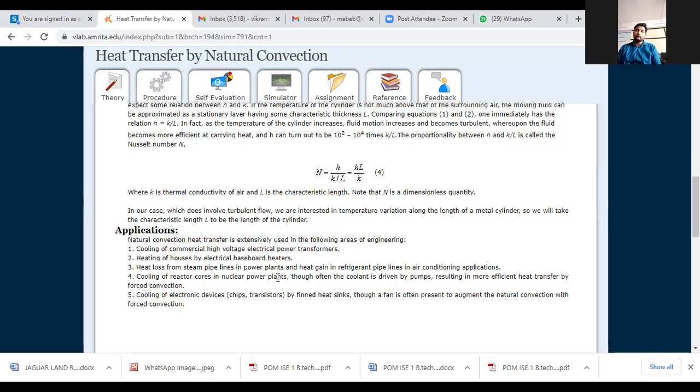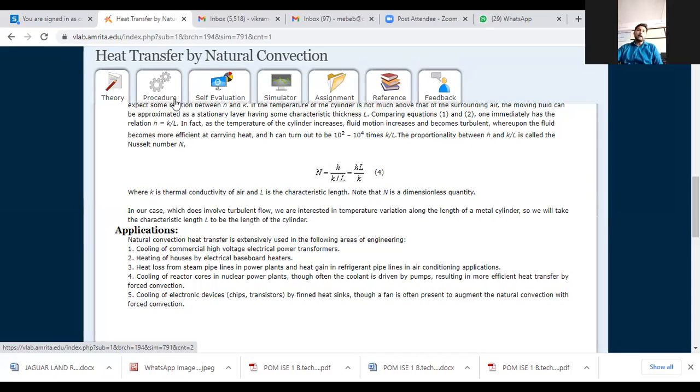These fans are provided to blow cool air over the heated surface, and that heat transfer will be considered as forced convection heat transfer, because whenever we use any external agency to blow air forcefully over the heated surface, that heat transfer is forced convection. This is the basic difference between natural convection and forced convection.